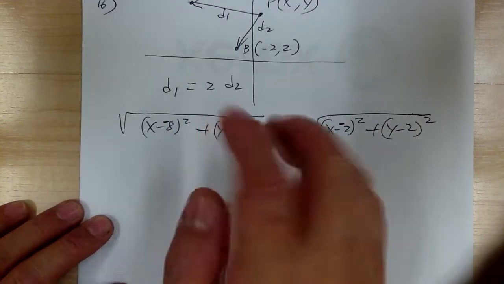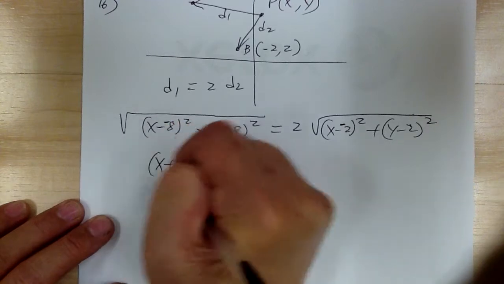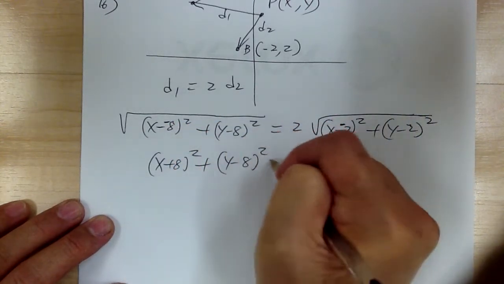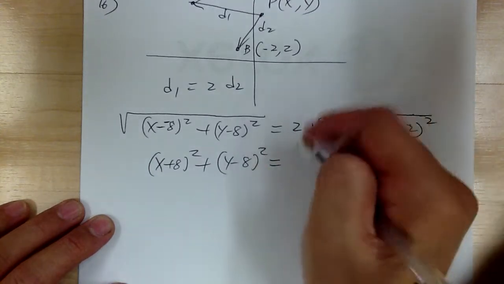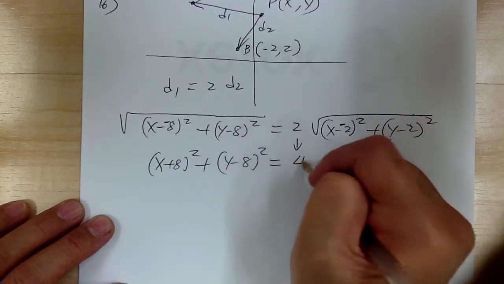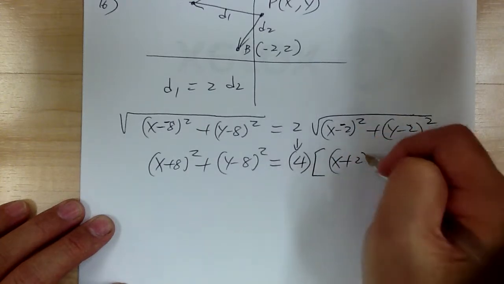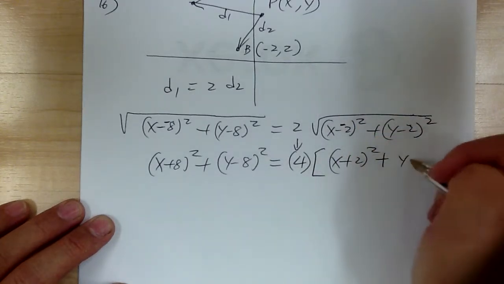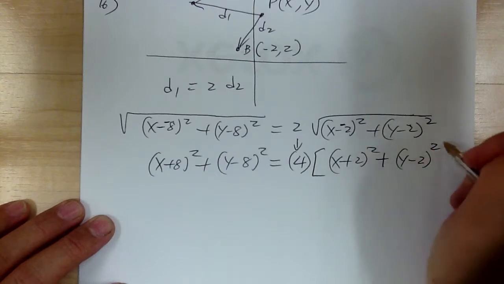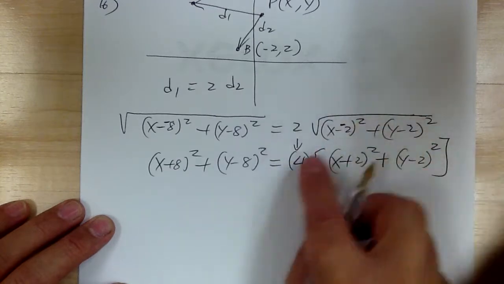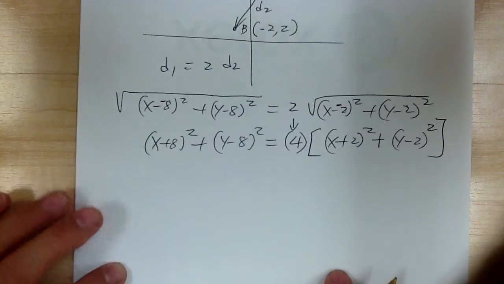So square this side, you get (x + 8)² + (y − 8)². Now when you square this side, you have to square the 2 to get 4. And you square this one, you get (x + 2)² + (y − 2)². So you need to have a bracket because this is 2 times that. So when you square it, it becomes 4 times that.